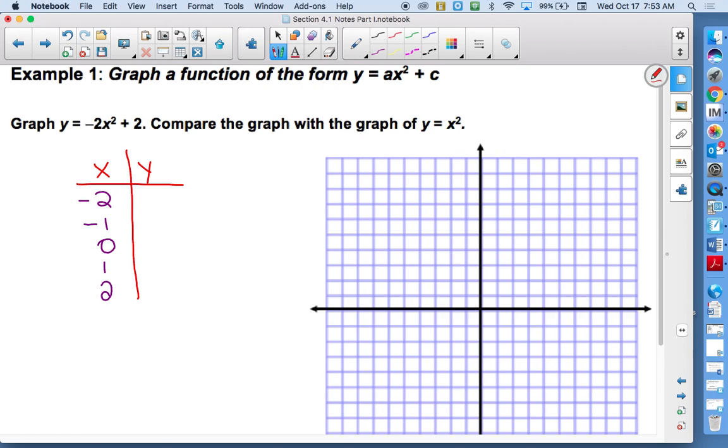So we're taking -2, plugging it in. The squared part goes first. So -2 squared is 4. Remember, it becomes positive when you square any negative number. And then we have -2 times 4, which is -8, plus 2 should give us -6.